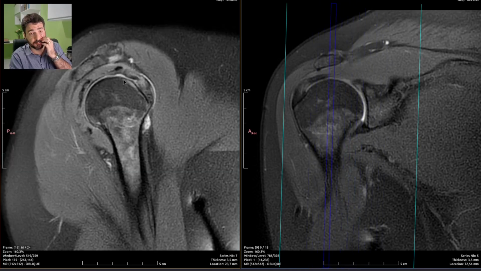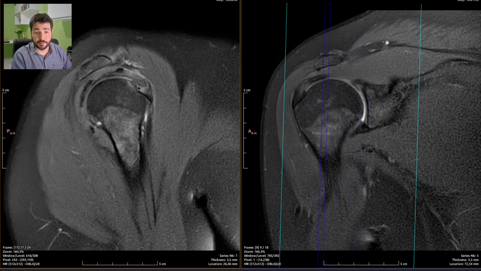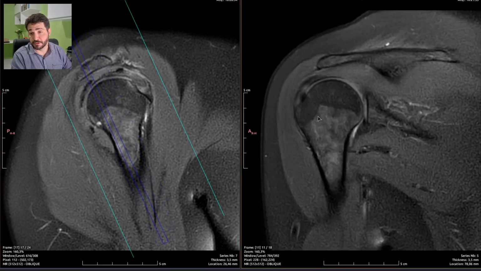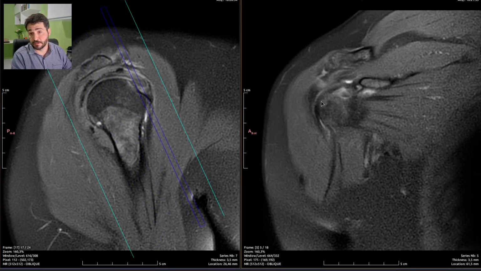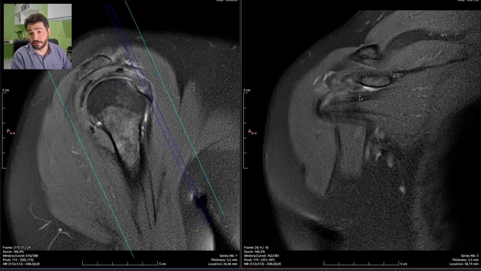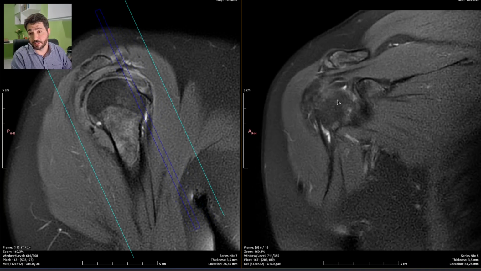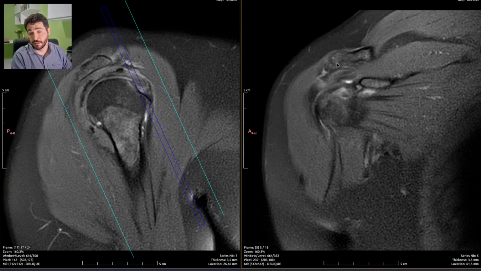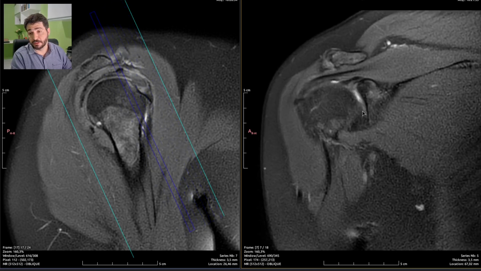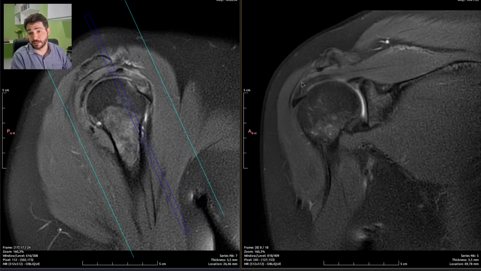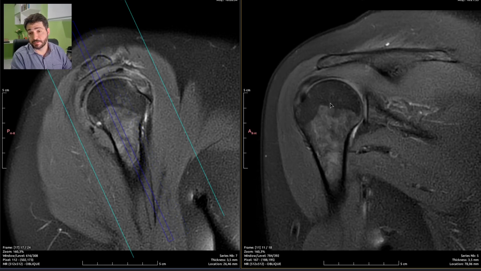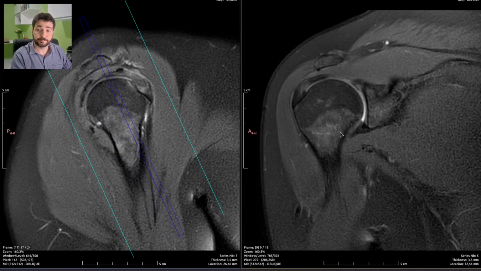I don't know, maybe the long head of the biceps tendon, it might be inflamed right here, it might be just a magic angle artifact, but you know, it seems to be some kind of fusiform thickening and signal heterogeneity of that tendon right here. This is a very common site of impingement of that tendon, which justifies the same features of disease, of chronic disease of the other tendon.